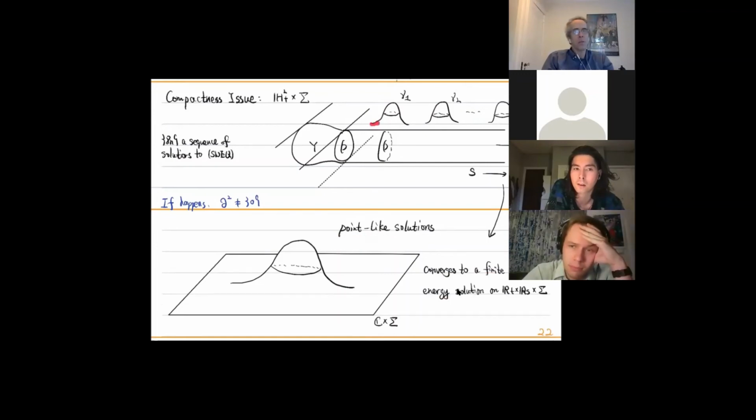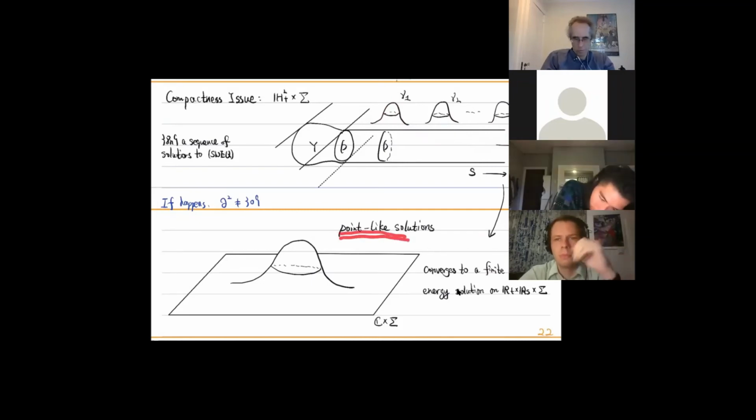So the problem here is that although each individual solution will converge to the standard configuration in the limit, maybe this convergence is not uniform. And if this divergence phenomenon happens, then we are in big trouble, because the differential we defined in the usual way may not have square equal to 0. So our goal here is to rule out all possible point-like solutions.